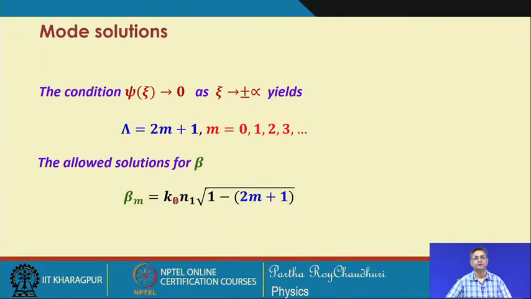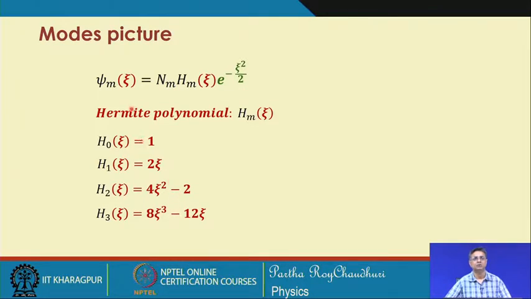So, this gives beta_m equal to k_0 n_1 under root of 1 minus twice (2m+1) and so on. This m will assume different values 1, 2, 3 and we will get the various modes' propagation constants, m equal to 1, m equal to 2 etcetera. M equal to 0 will be the fundamental mode. Now, we will look at the modes picture, how the modes look like.